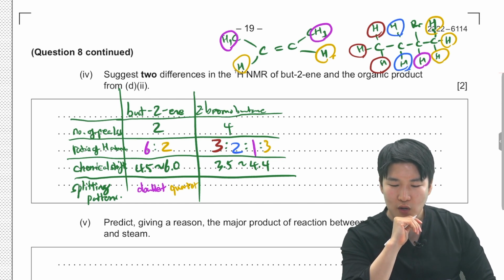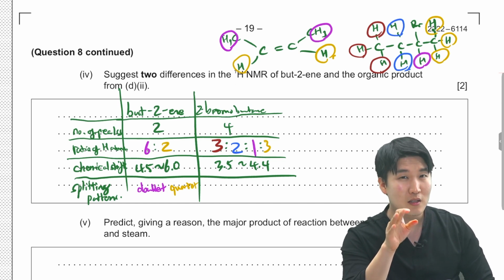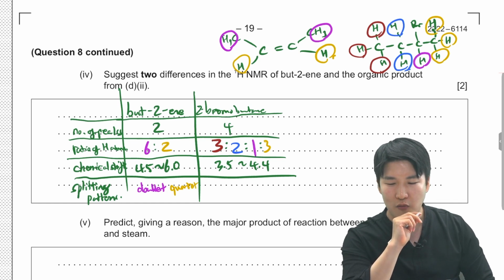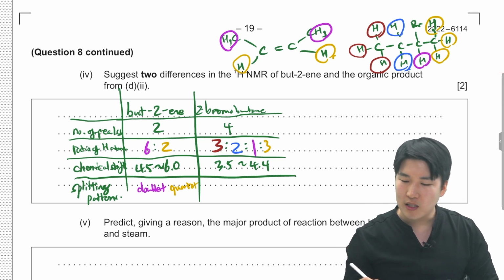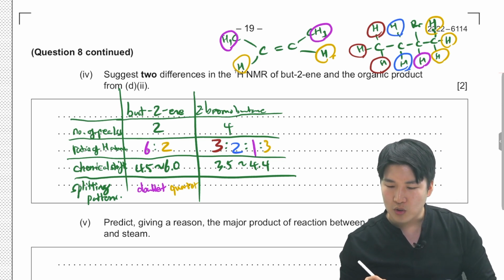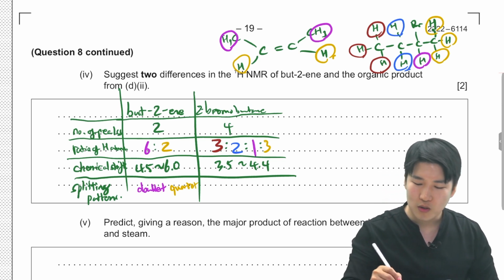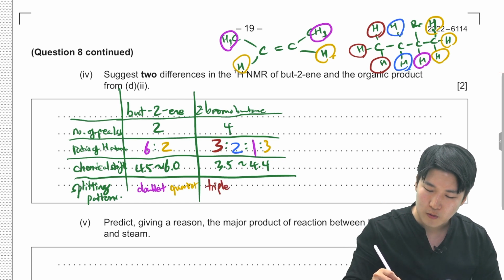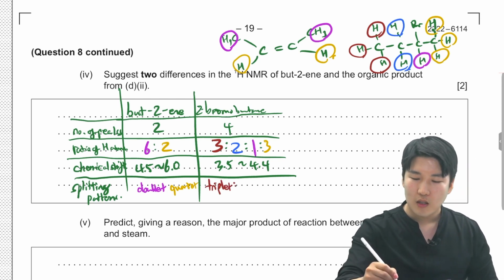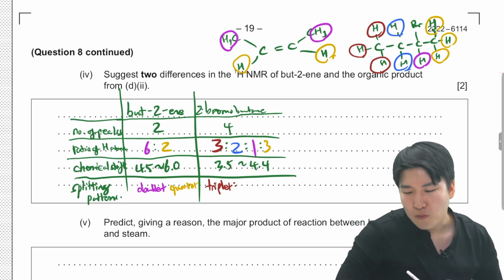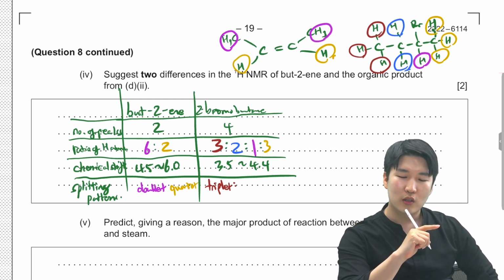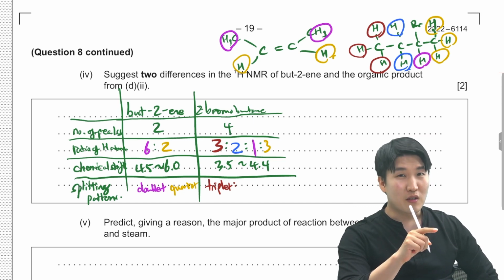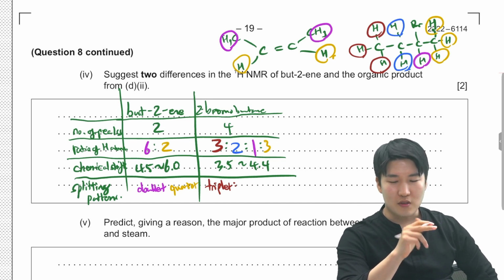Let's move to the final hurdle, 2-bromobutane splitting patterns. Starting off with CH3 in red. CH3 in red is bonded to CH2. 2 plus 1, a triplet. Difficult, very difficult. CH2 is bonded to CH3 on the left. Now that's 3 hydrogens.